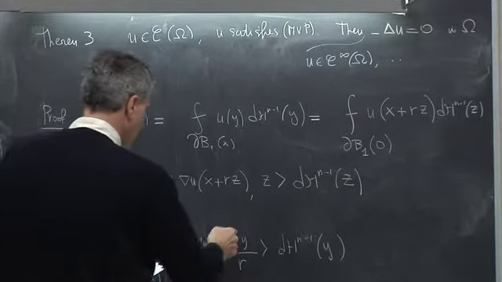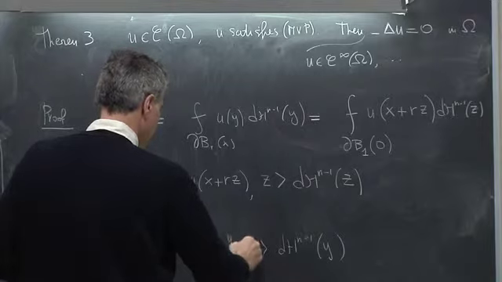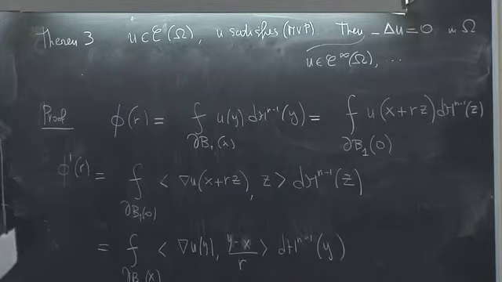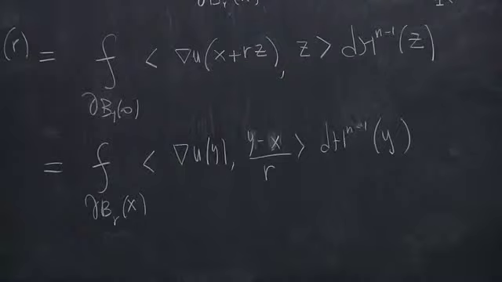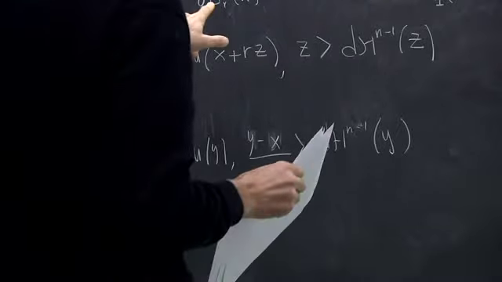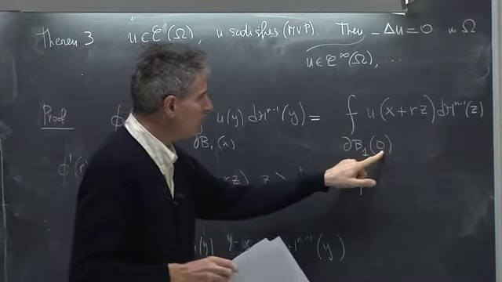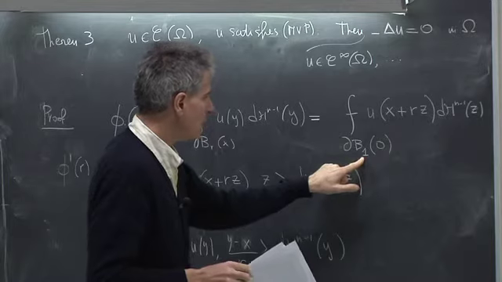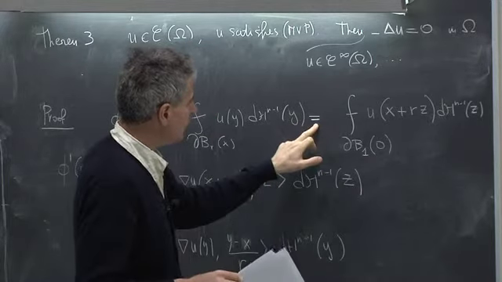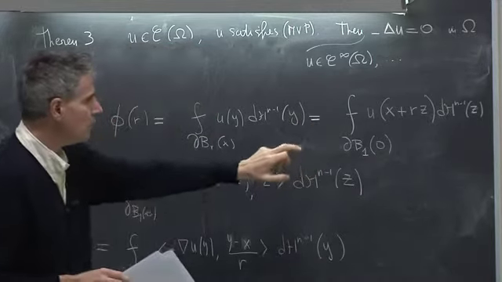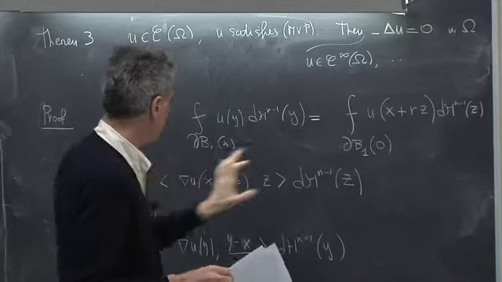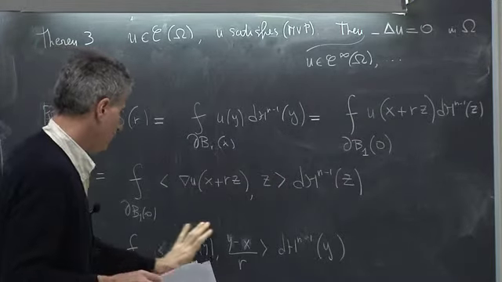Mistake, y minus x. Okay, so I go back and forth from the integral on the ball of radius r centered at x to the translated ball centered at the origin of radius 1. I do this first computation because for me it is easier to compute the derivative with respect to r. Now I come back to this.